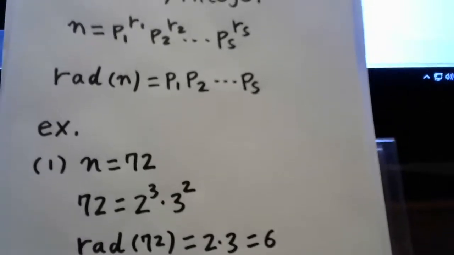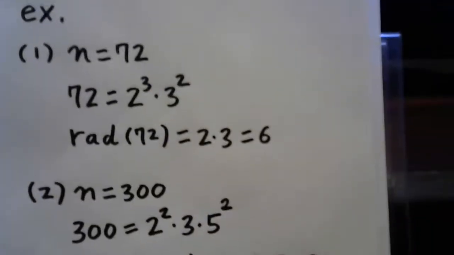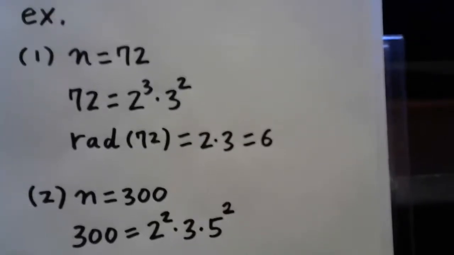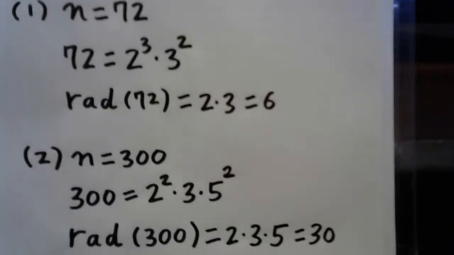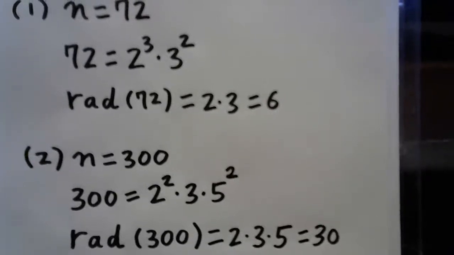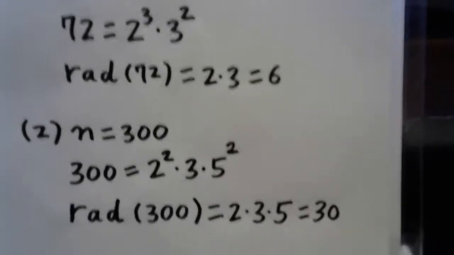And the next case, 300. 300 is 2 squared, 3, 5 squared. So, the radical of 300 is equal to 2 times 3 times 5, that is 30. Okay?